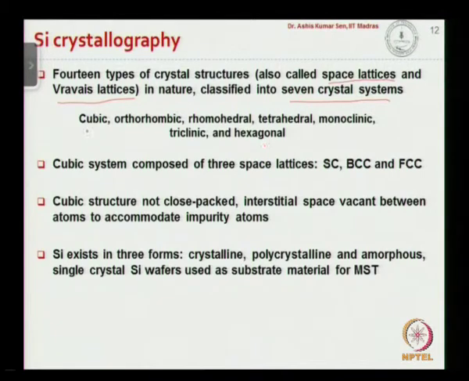Among these, the cubic system is of interest to silicon, and the cubic system is composed of 3 space lattices: simple cubic, SC; body centered cubic, BCC; and face centered cubic.